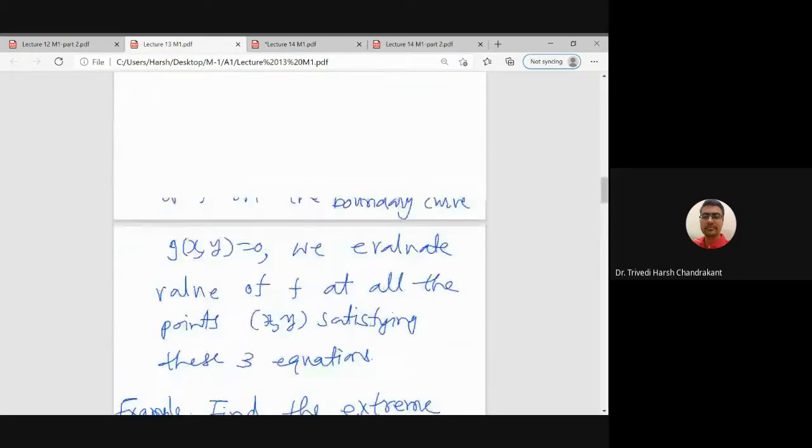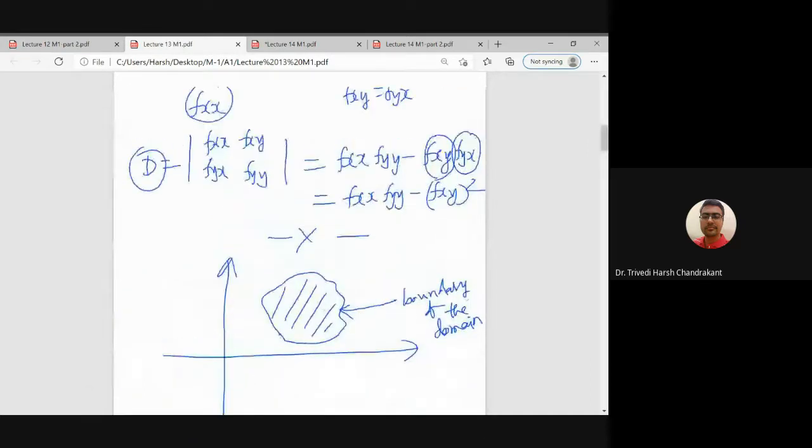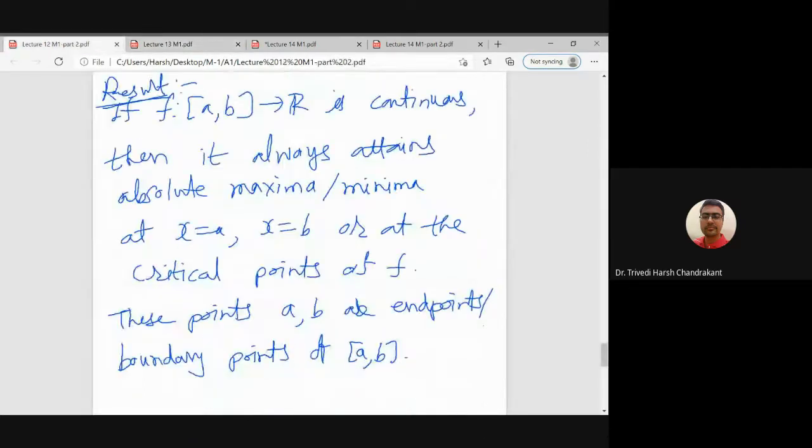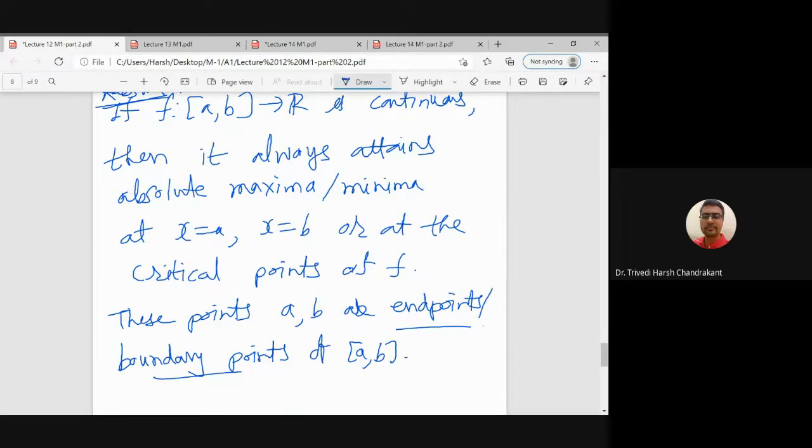First we find all the critical points, and then we find the value of the function at the endpoints, at the boundary points.